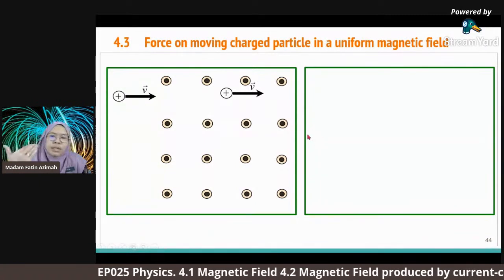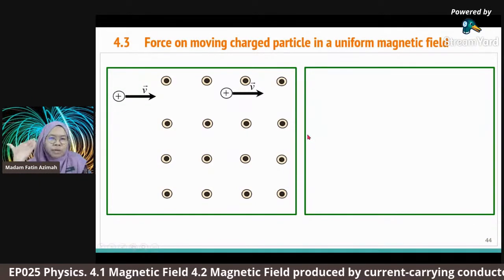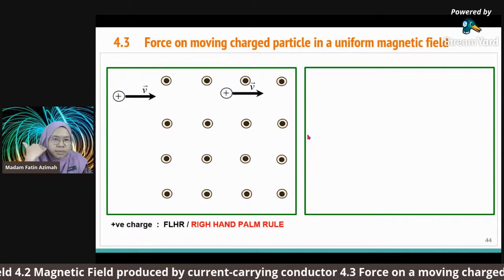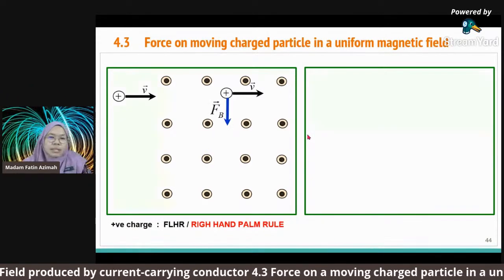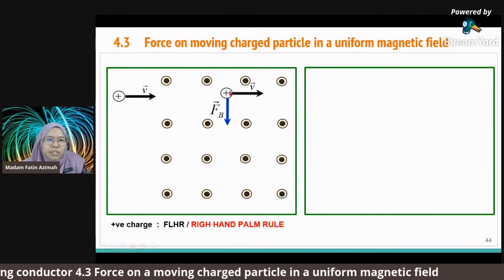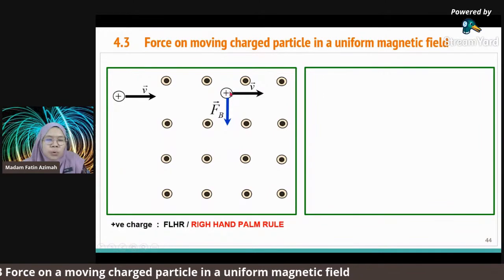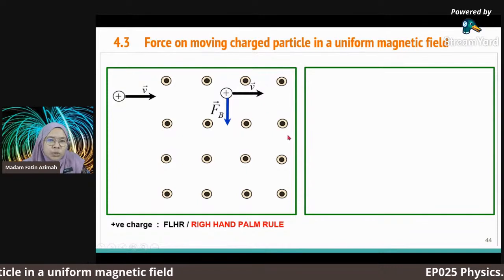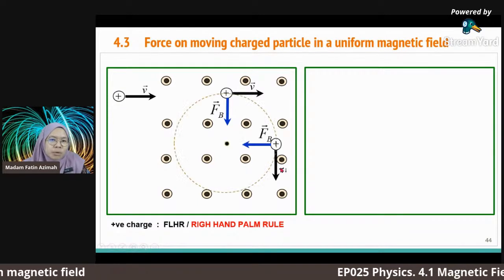B coming out, V going to the right, so the directions of F is going down. Because there is a force acting on the charge, it will no longer move horizontally in a straight line. It will be pulled to move in circular motion.